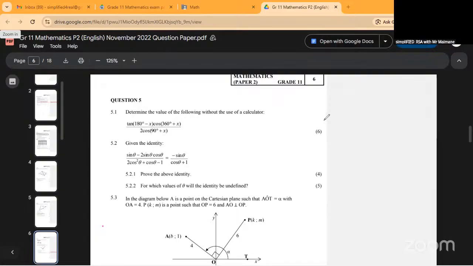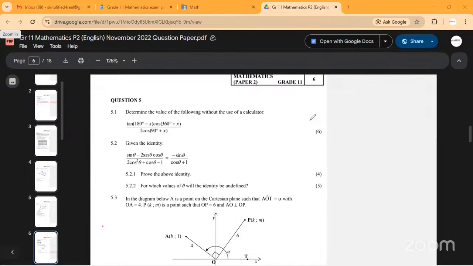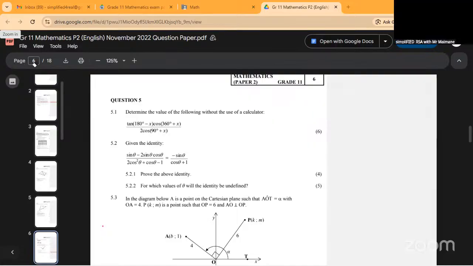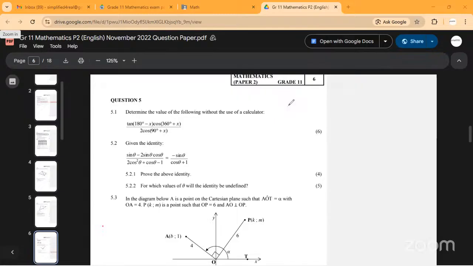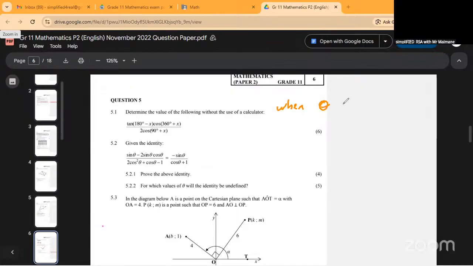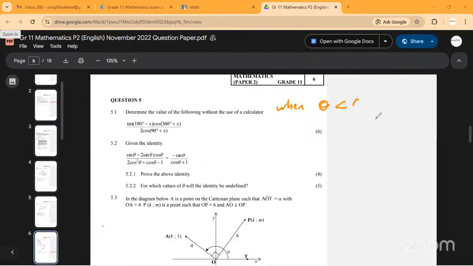You can repeat exactly what you said, Kumu. When theta is less than 0.